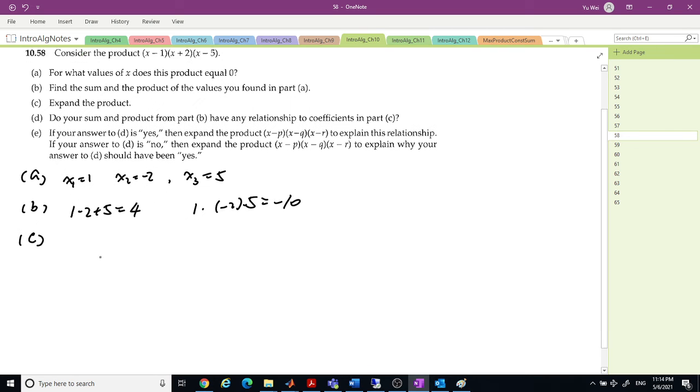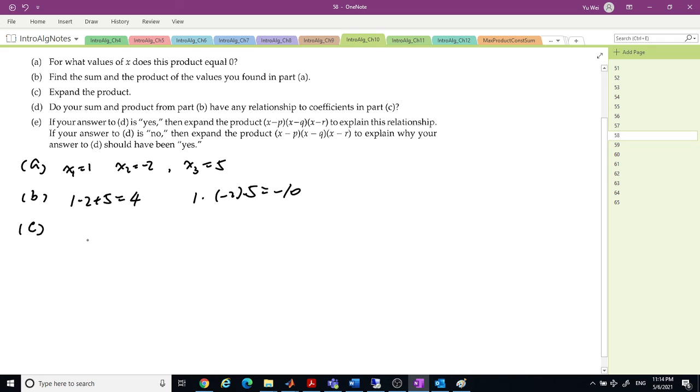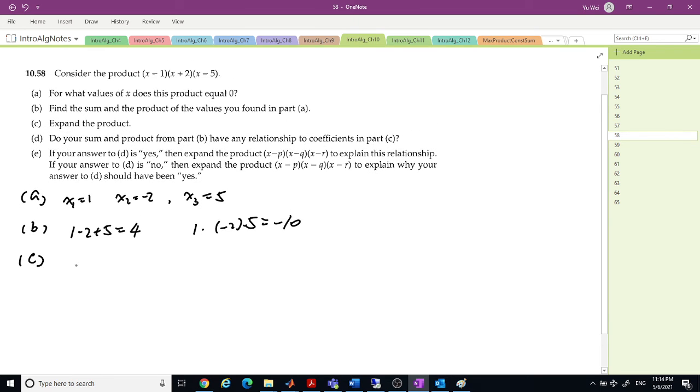Okay, so let's see. I can directly write x cubed minus 4x squared plus 10, and what is the x term?